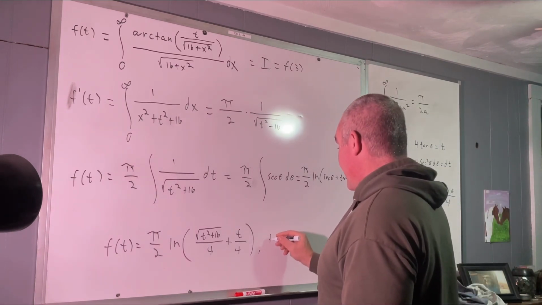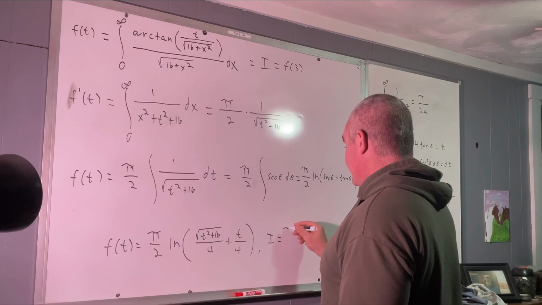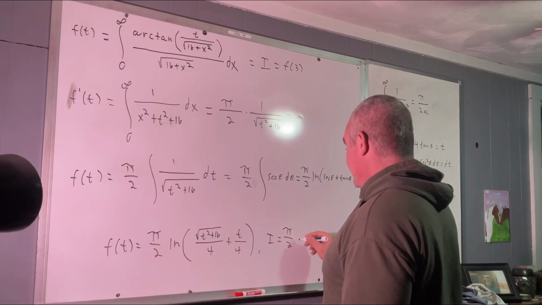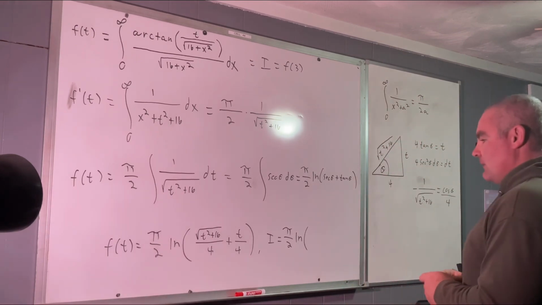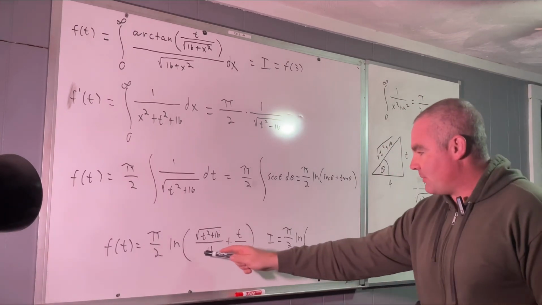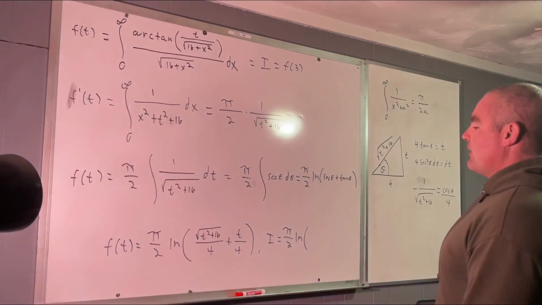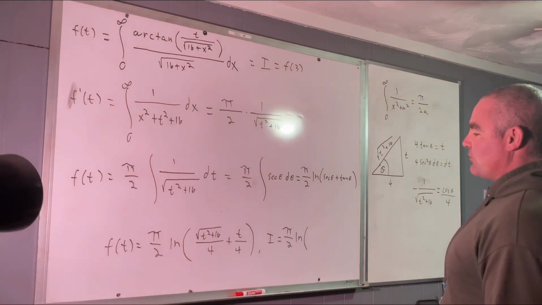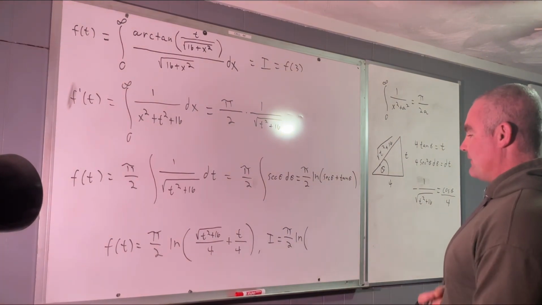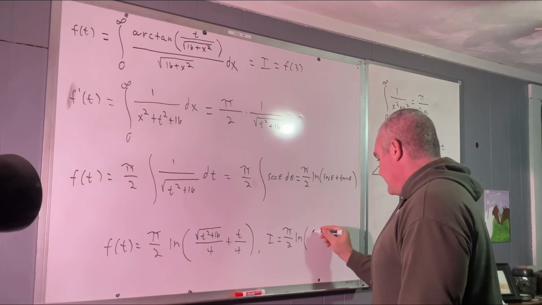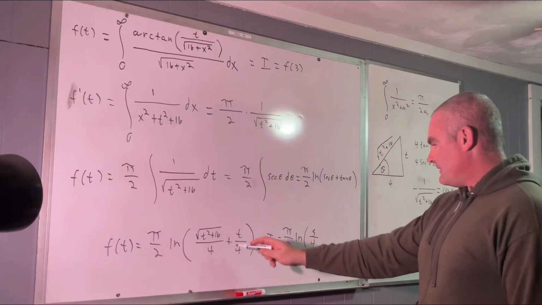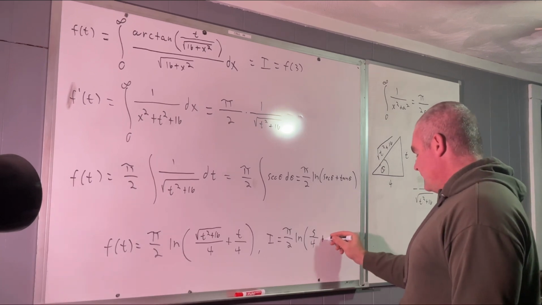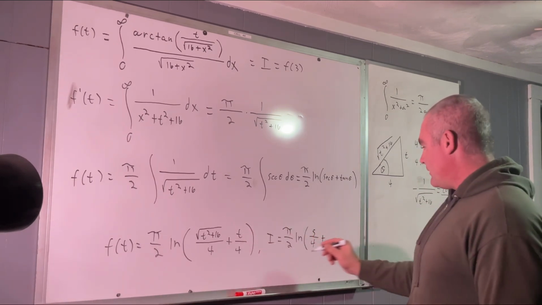So that means I is equal to pi over 2 times the natural log of, okay, let's see, what's this part going to give us? 3 squared plus 16 is 25. Square rooted is 5, so we have 5 over 4. And then plus 3 over 4.